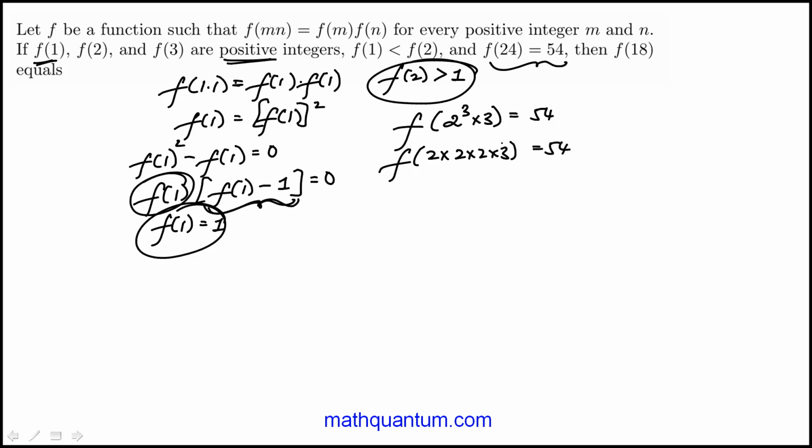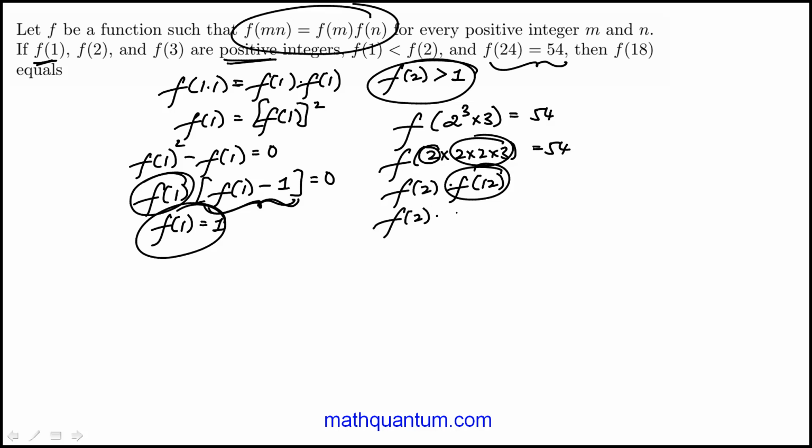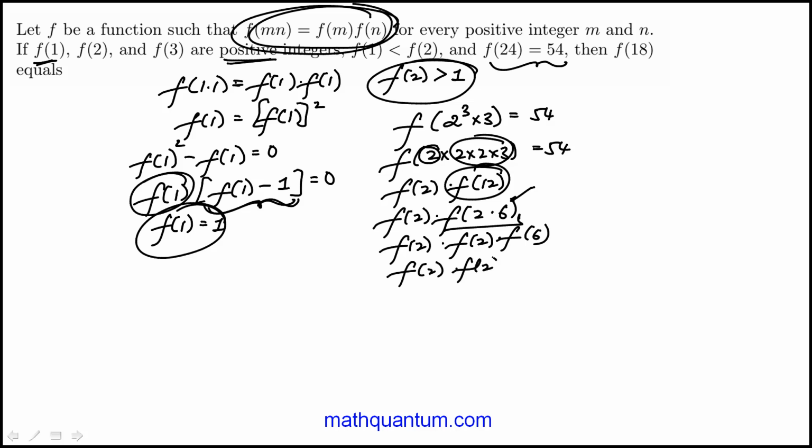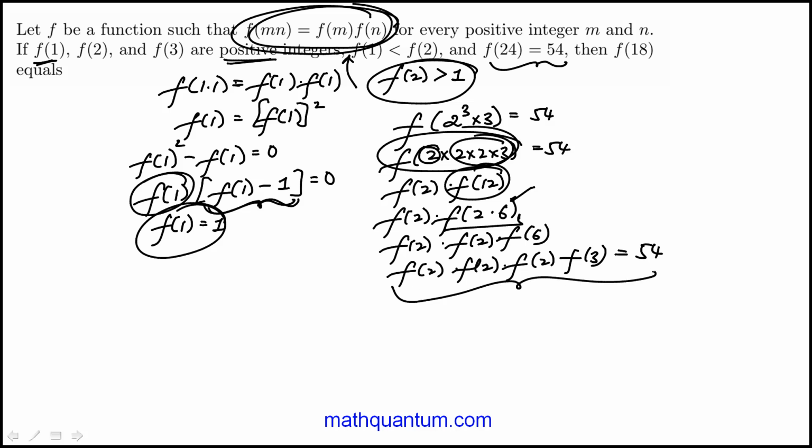If you apply that rule in pieces, meaning you write it as a product of f of 2 and f of 12, and then I factor this again and apply this product rule to f of 2 times 6, that would become f of 2 times f of 2 times f of 6. So I'm applying that rule to this product here. And then you keep doing it, you'll get f of 2 times f of 3. You could have done it directly here, recognizing that that's what would happen. But those are the steps to get here.